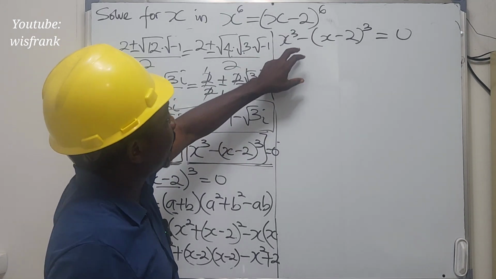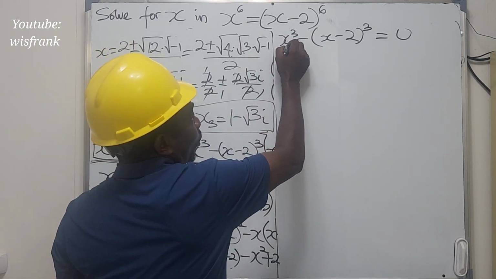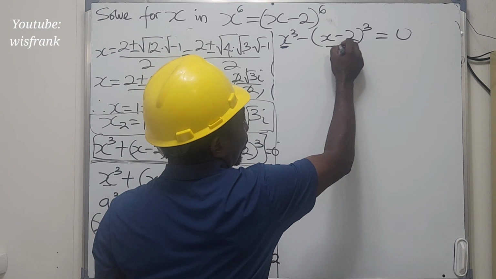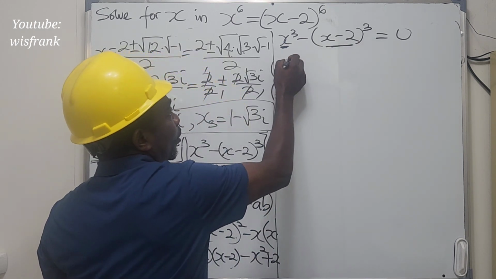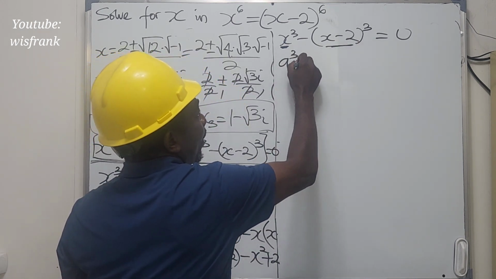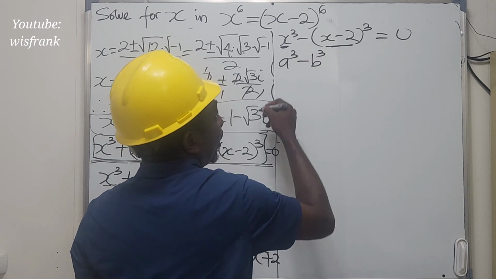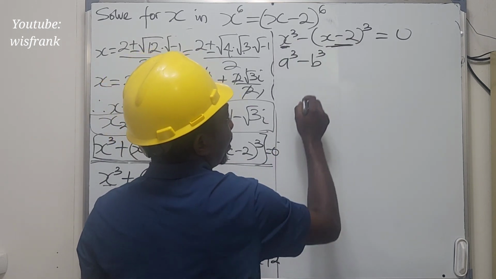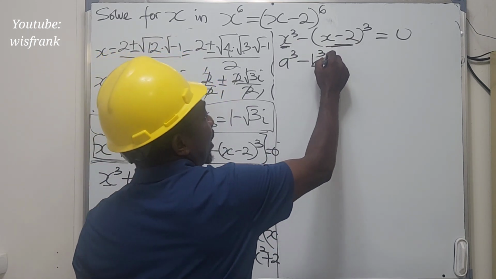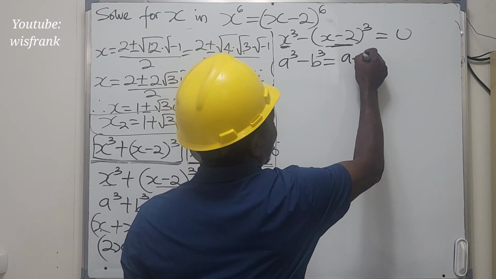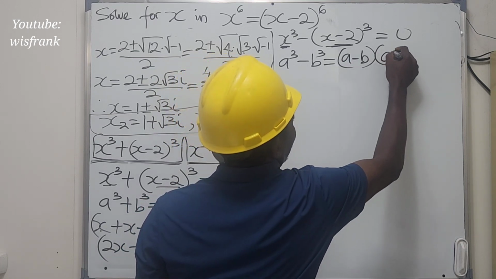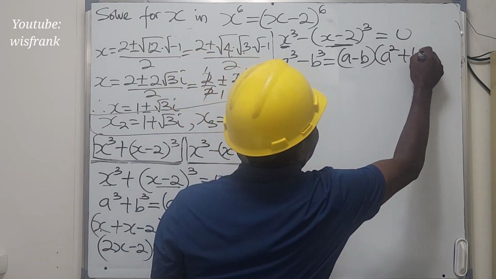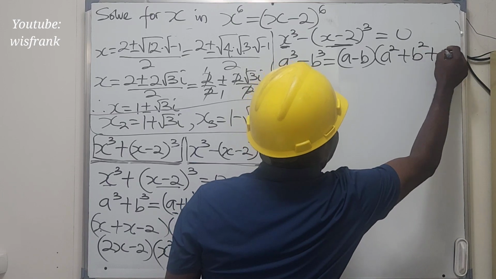In this case, you can see that we have to the power of 3 here, we also have to the power of 3. It is in this form, a to the power of 3 minus b to the power of 3. This is our a and this is our b. If we have an equation like this, the solution is a minus b into a to the power of 2 plus b to the power of 2 plus ab.